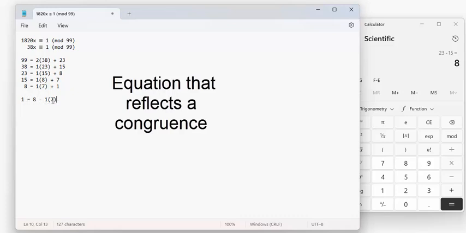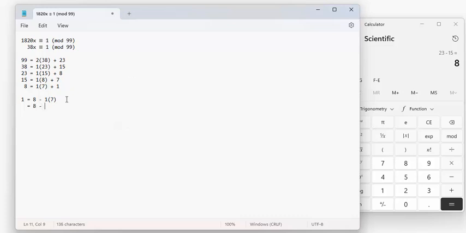This is basically a congruence, meaning the 7 in this line, 7 in mod 8, is identical or congruent to 15, meaning we can replace this equation with 8 minus a multiplier we don't know yet, times 15.